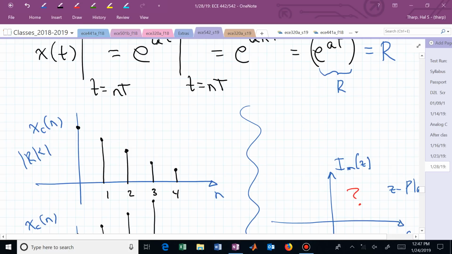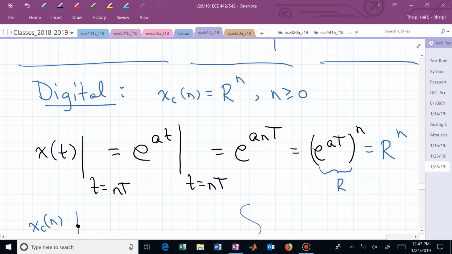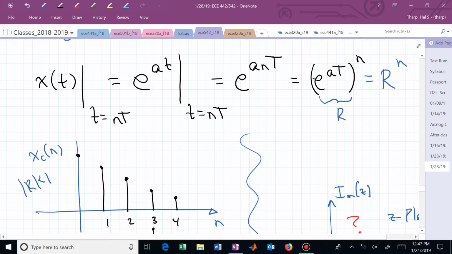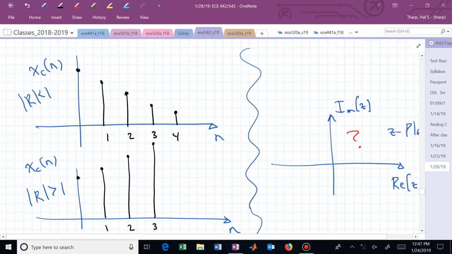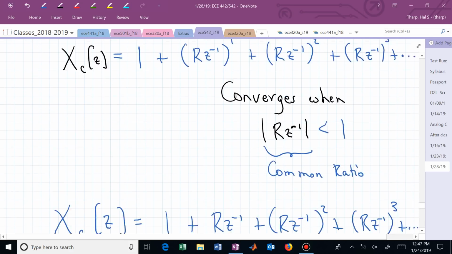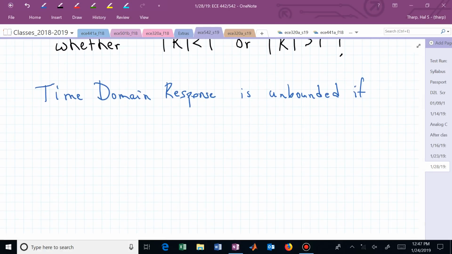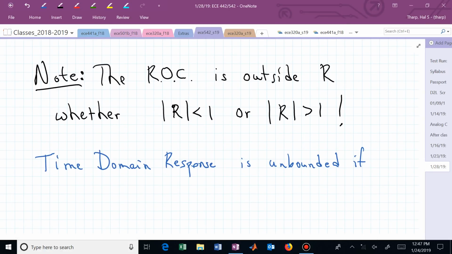Here is our time domain expression. Little x sub c of n is equal to capital R to the n for n greater than or equal to 0. When is this time domain expression, what did I say? Unbounded. When is it unbounded? For what values of R?